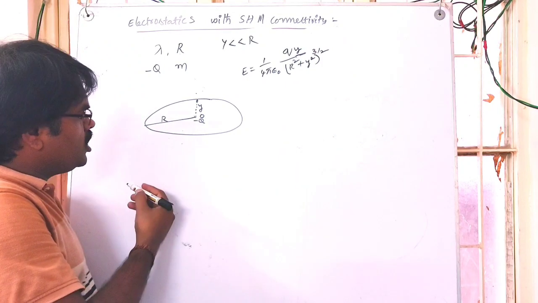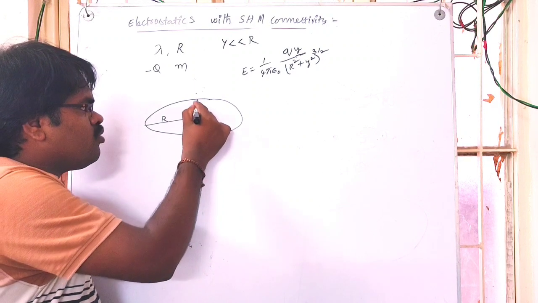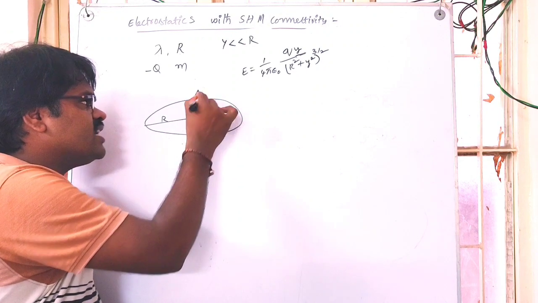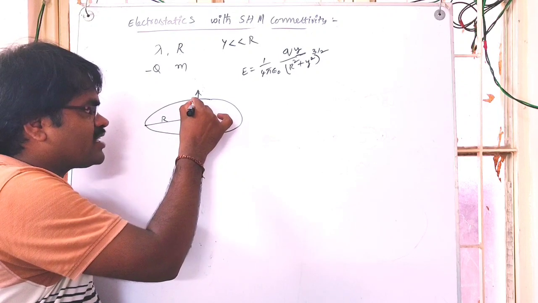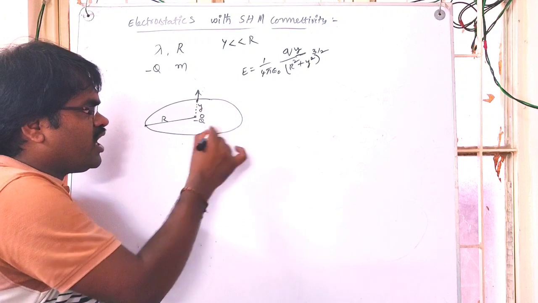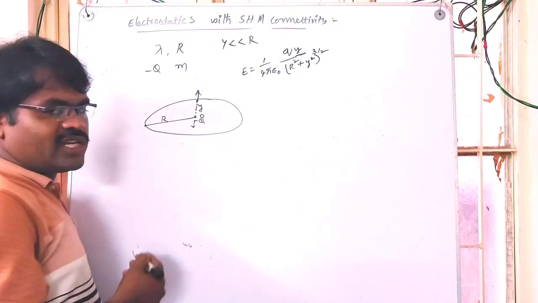Now here the minus q charge is moving away from the center, but what is the force? The force will act due to the positive charge of the ring, in the opposite, downward direction.